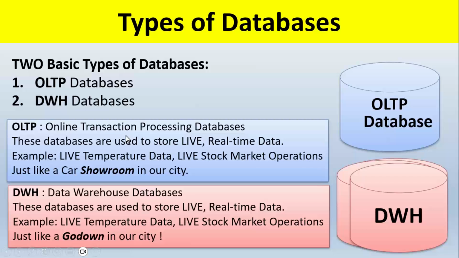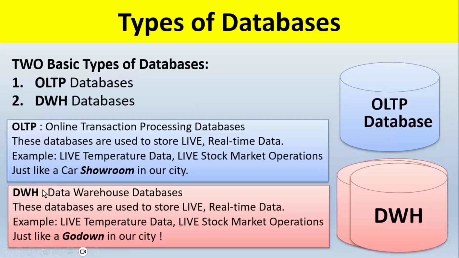These databases are used to store live real-time data, live temperatures, live stock market operations, live online banking, live cricket match, anything live, OLTP. Just like a car showroom in our city or our town.